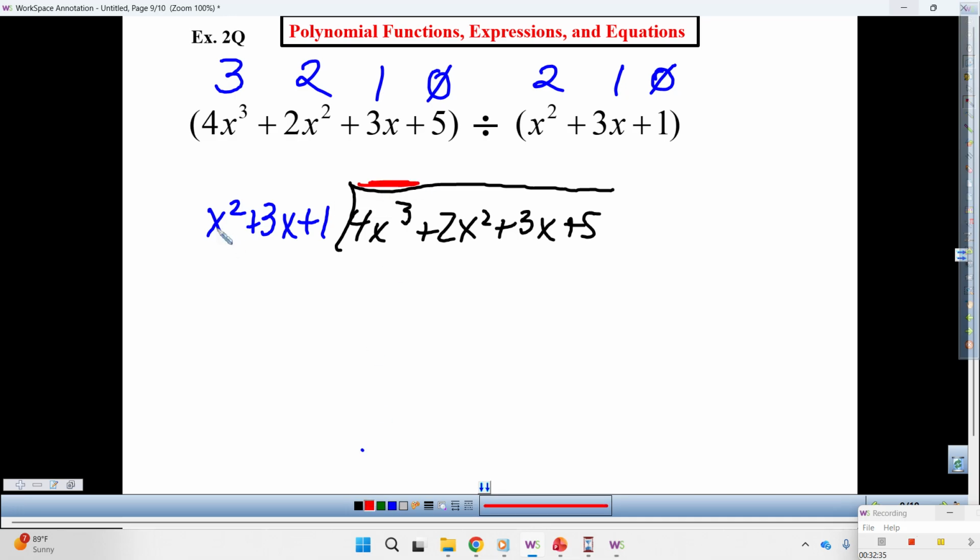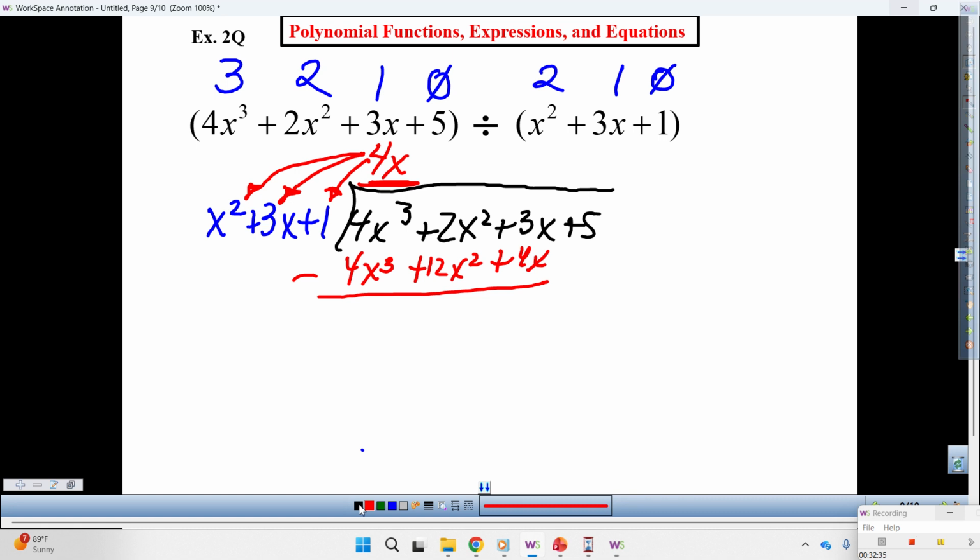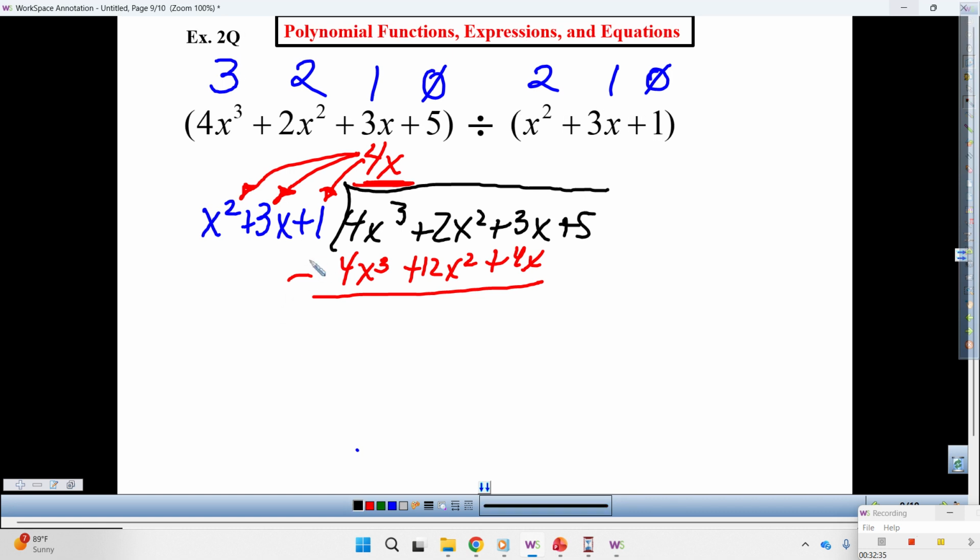Question: what number times x squared gives us 4x cubed, everyone? 4x. So 4x times x squared, that's 4x cubed. 4x times 3x, that's 12x squared, and 4x times 1, that's 4x. Subtract, distribute the negative here, here, and here.